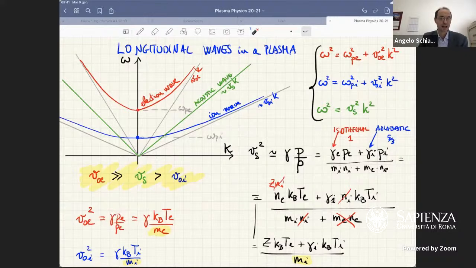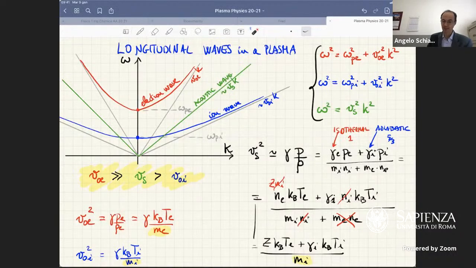So already just by looking at this very sketchy diagram of waves, we understand the complexity of a plasma in carrying very many waves of oscillation.